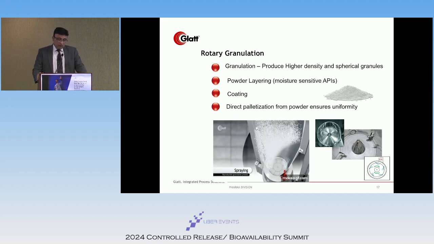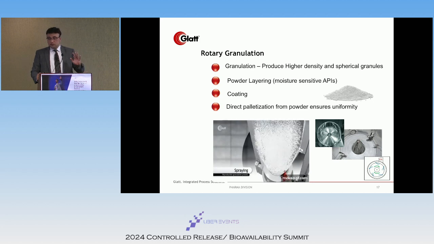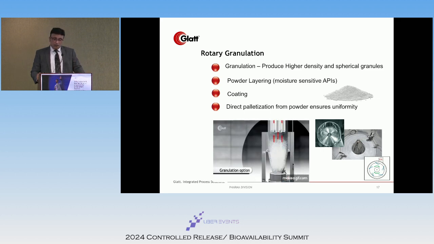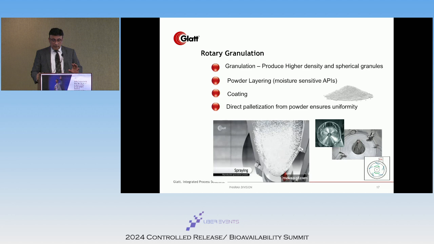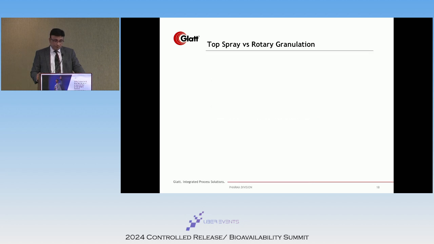And direct pelletization from powder ensures uniformity. Now, we know that spheronization is done. However, direct pelletization is a good recommendation in order to have pellets produced which are very uniform. So the rotor process can help you achieve that.